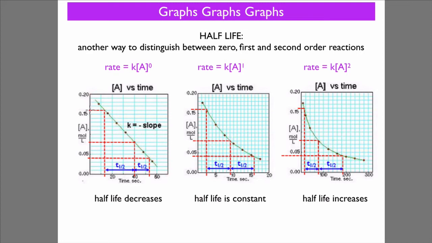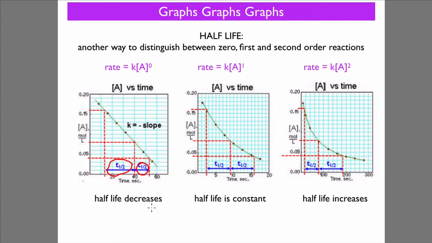So the concentration is halved from here to here, and you can see it took this amount of time. To go from 0.8 down to 0.4 took this amount of time, which is obviously less. It's about half, in fact, of this time here. So the half-life is decreasing.